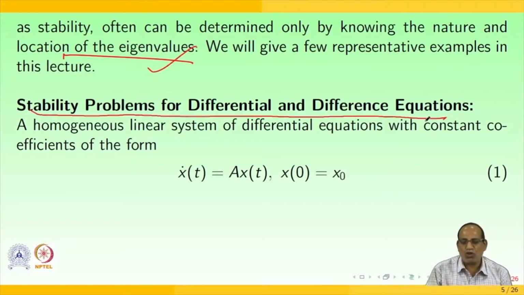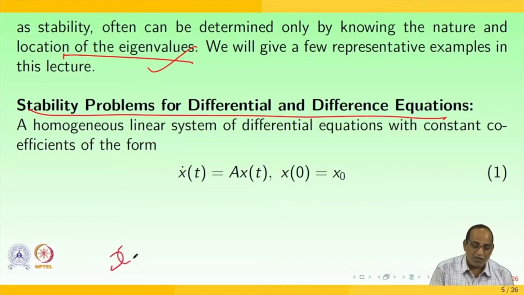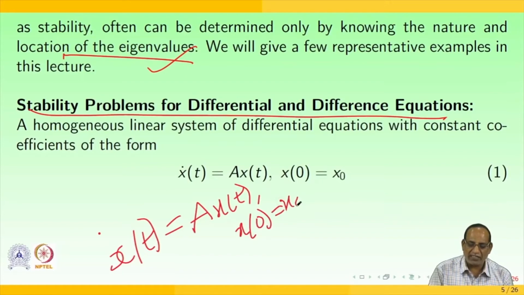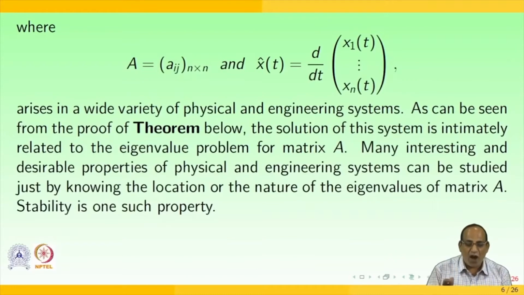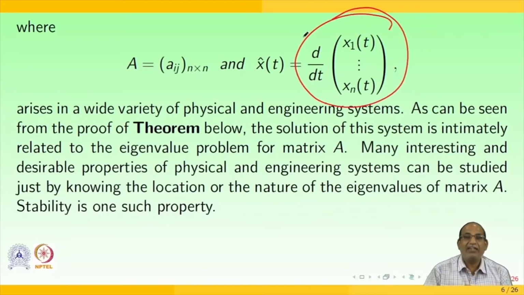The first one is the so-called stability problem for differential and integral equations. A homogeneous linear system, we write it as x dot of t is equal to A times x of t, with x of 0 equal to x naught, where the matrix A is a coefficient matrix and x of t is the vector with components x1 of t, x2 of t, up to xn of t, which arises in a wide range of physical and engineering systems.